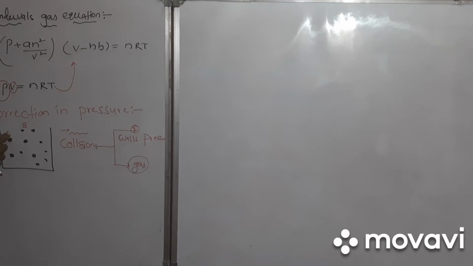When A type of molecules are going to make collision with the walls of the container, B type molecules attract the A type molecules. Here A and B are the same type of molecule only. Why did I classify them like this? Some molecules are going to make collisions with the walls of the container, and some molecules are attracting those molecules. The molecules attracting the A type molecules, we call B molecules.